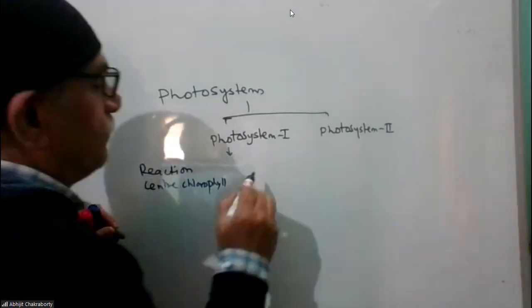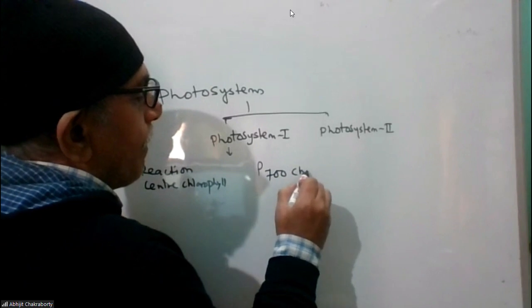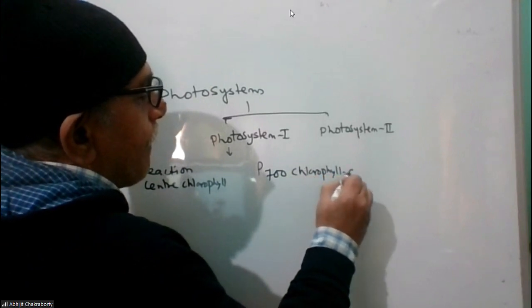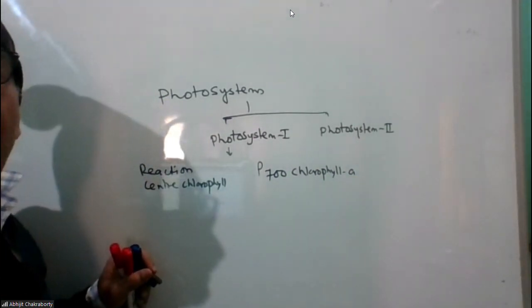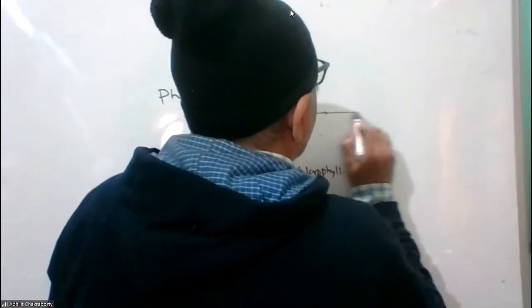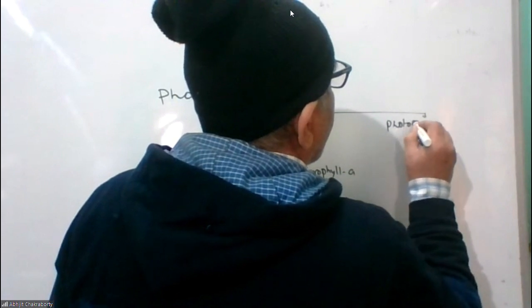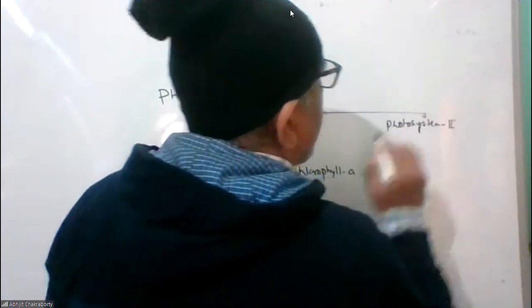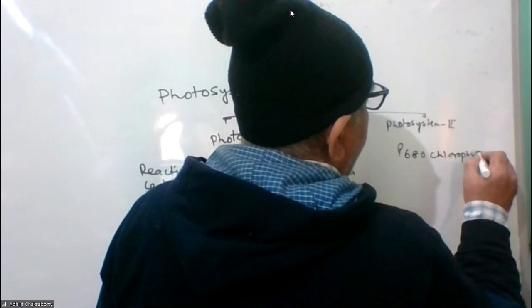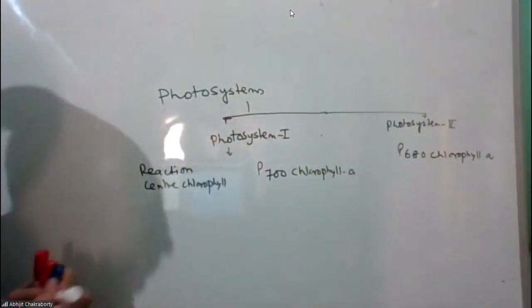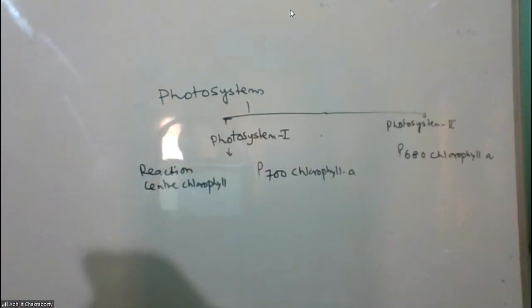The reaction center chlorophyll in photosystem 1 is P700 chlorophyll A, and in photosystem 2 it is P680 chlorophyll A. What is the basic point of difference here?